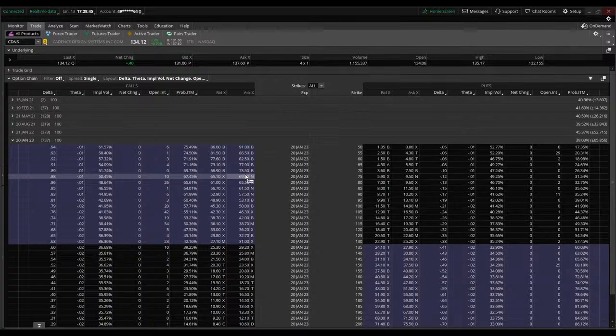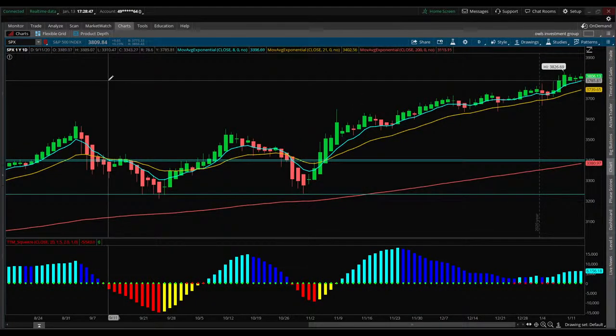I know Elkin, you go like 20 cents above the resistance point. Well, it depends on the stock price. I always tell you guys, don't look at numbers, look at percentage.